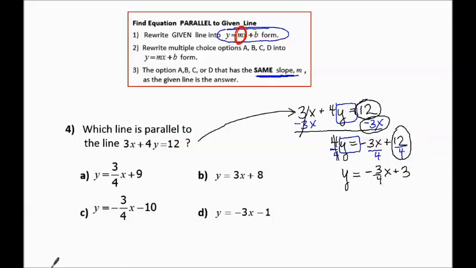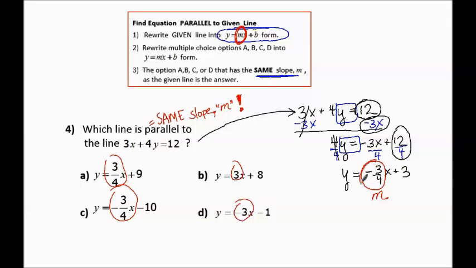So now we have revealed the slope that we're looking for. Parallel means same slope m. So which one of these equations has the same slope that you got here? That would be option C. Negative 3/4 has the same slope, so that is your answer.